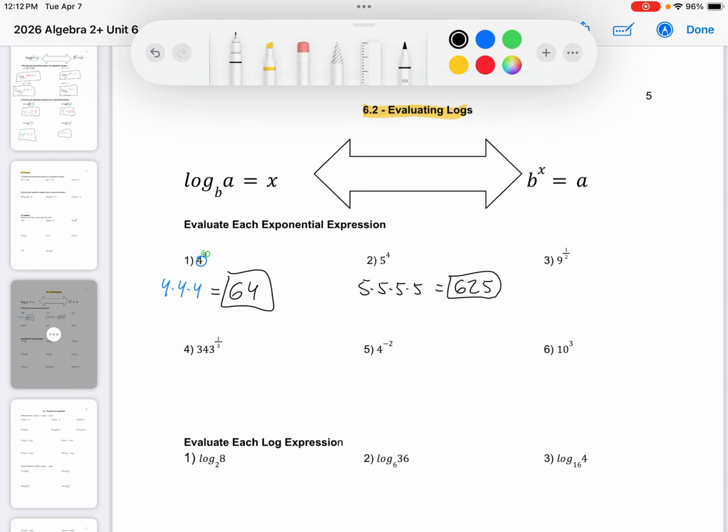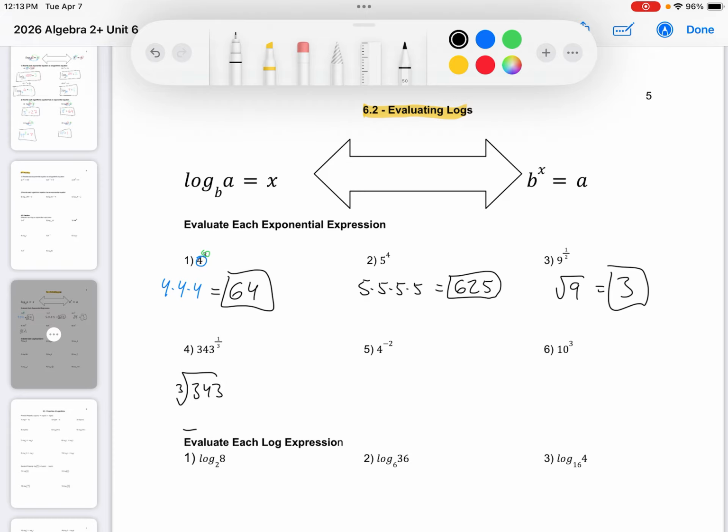Okay, 9 to the power of 1/2. We've got to remember our exponent rules where we have the fraction as the exponent from our last unit. Remember that would be the same thing as the square root of 9, which would then be 3. So then similarly, 343 to the power of 1/3, we would be looking for the third root of 343.